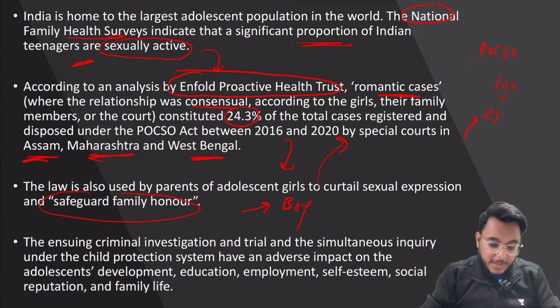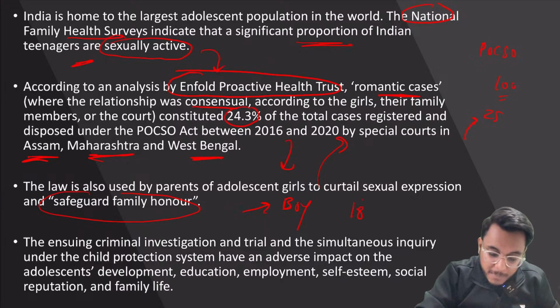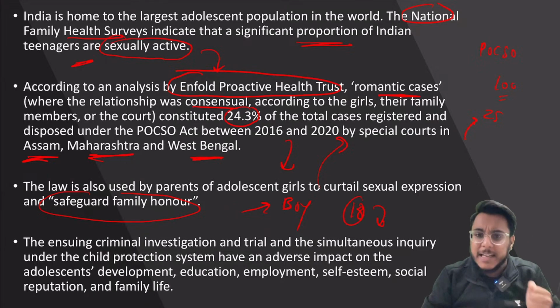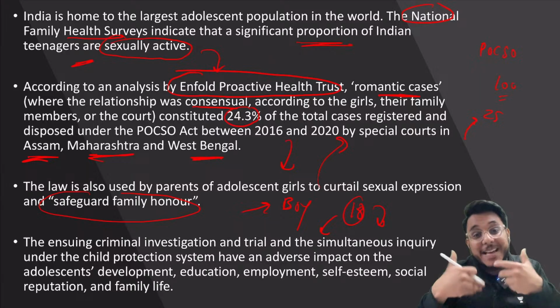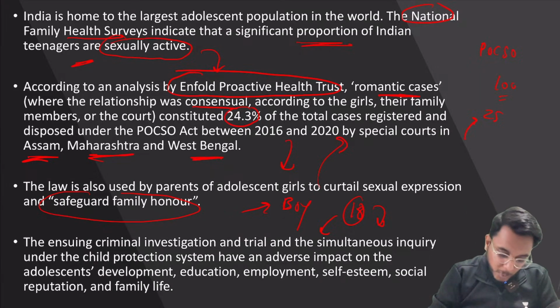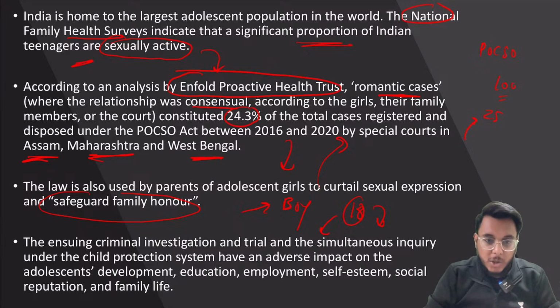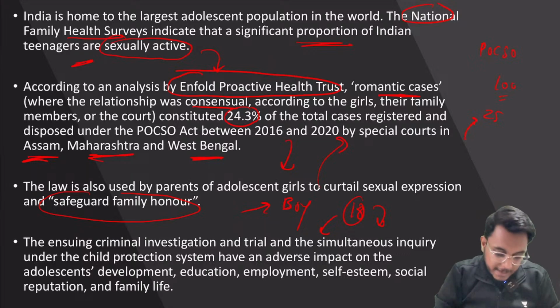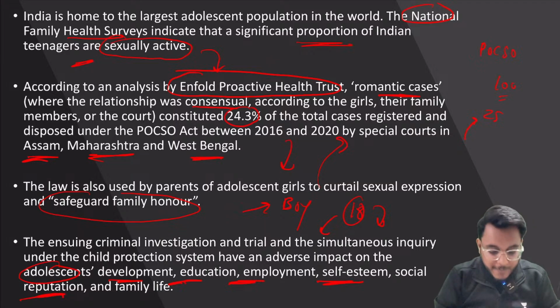Now understand this. Though the boy many times might also be less than 18 years of age, still that boy is arrested under the provision of the juvenile in conflict with the law, and then the trial goes on. When that boy is arrested, it will impact that adolescent's development, education, employment, self-esteem, social reputation, family life.